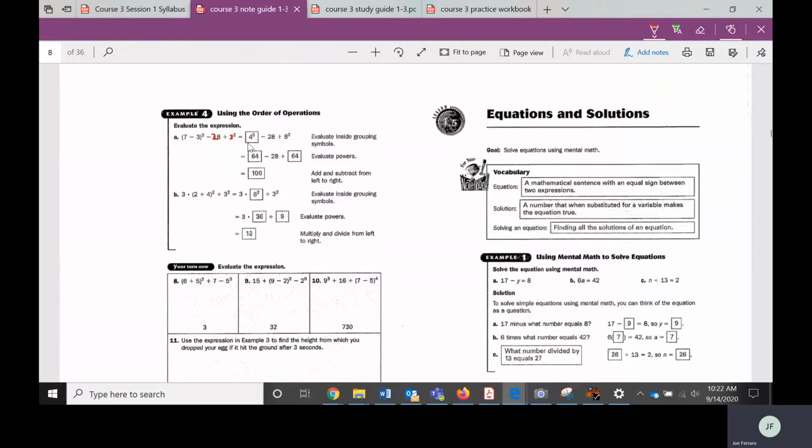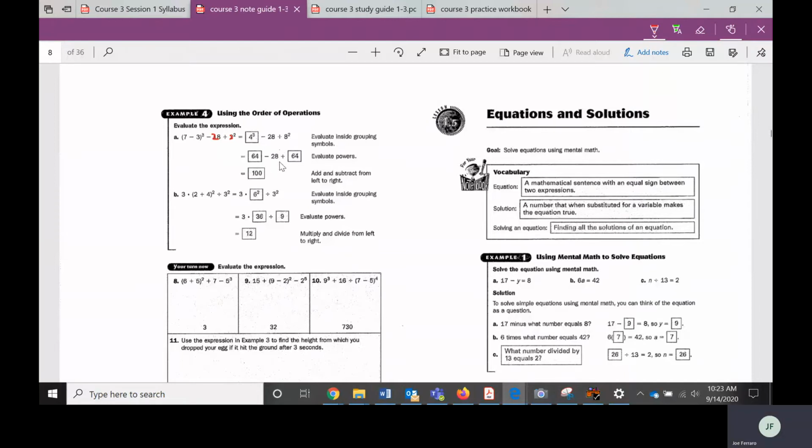And we can just copy the rest down: 4 to the 3rd minus 28 plus 8 squared. So we go 4 to the third is 64. 8 squared is 64. We can't do subtraction or addition yet.